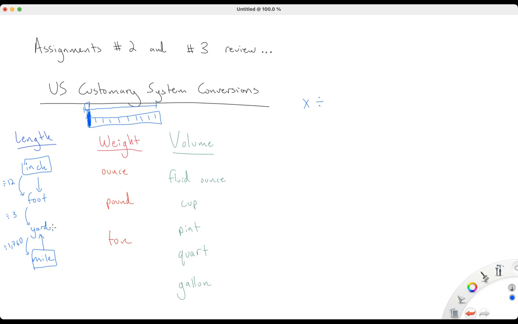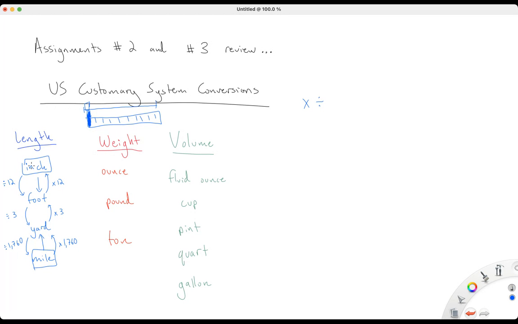If our unit is becoming a smaller unit, we'll have to do the opposite. We'll have to multiply this time. So instead of dividing by 1,760, we multiply by 1,760. And we multiply by 3, and then we multiply by 12. So that's the pattern we have to use in order to convert these units in the customary system.